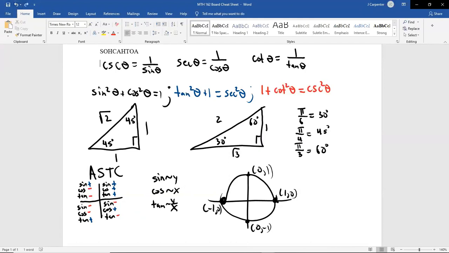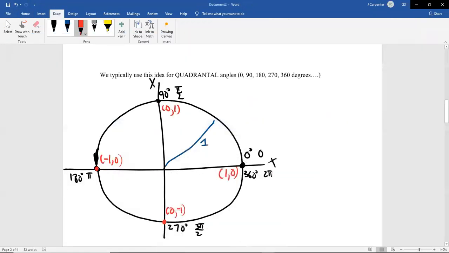I think it's much more important to understand how to develop these things than just blatant memorization that the sine of 0 degrees is 0, the cosine of 0 degrees is 1, the sine of 90 degrees is blah, the cosine of this is blah. Understanding the logic and reasoning helps you understand why it is. Blatant memorization, a month from now, you're going to forget it.